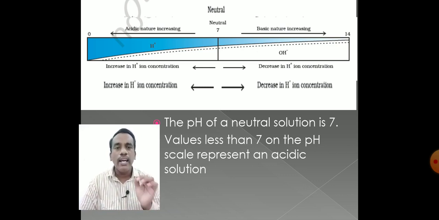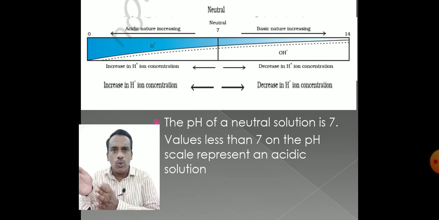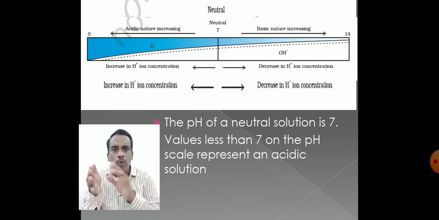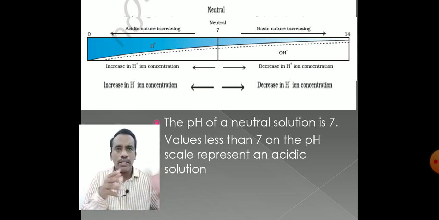But for the compounds nearer to 0, can you observe the above diagram, children? The blue color line has more H plus ion concentration, and the white color explains there are more OH minus ions.